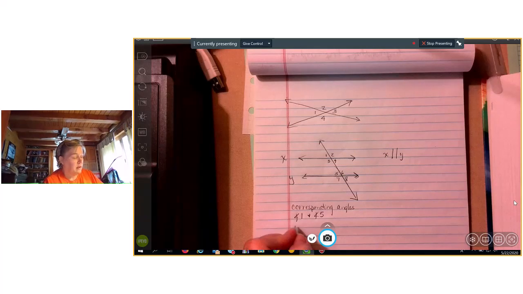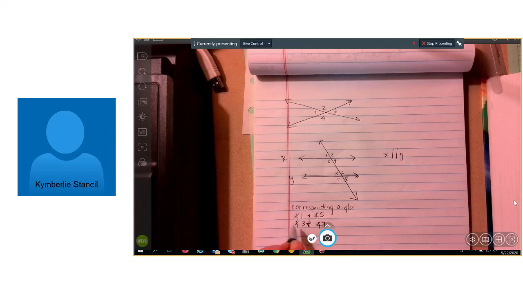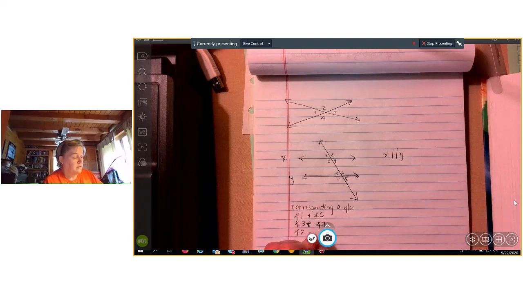Angle 3 is corresponding with angle 7. That means we've got angle 2 and angle 6, angle 4 and angle 8. These are called corresponding angles.